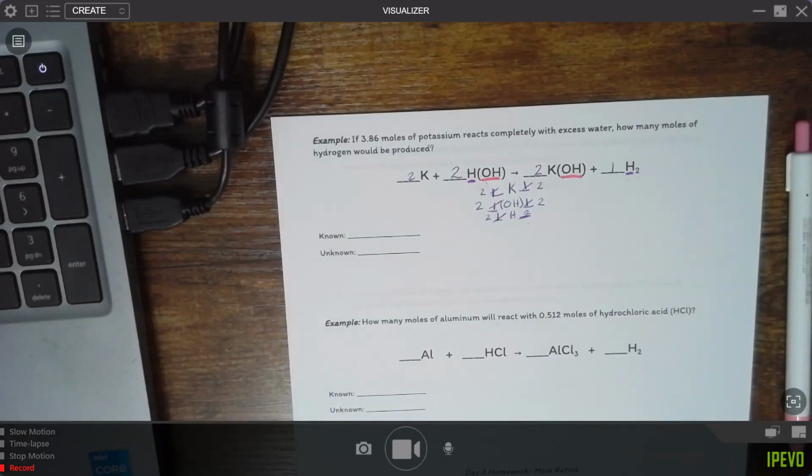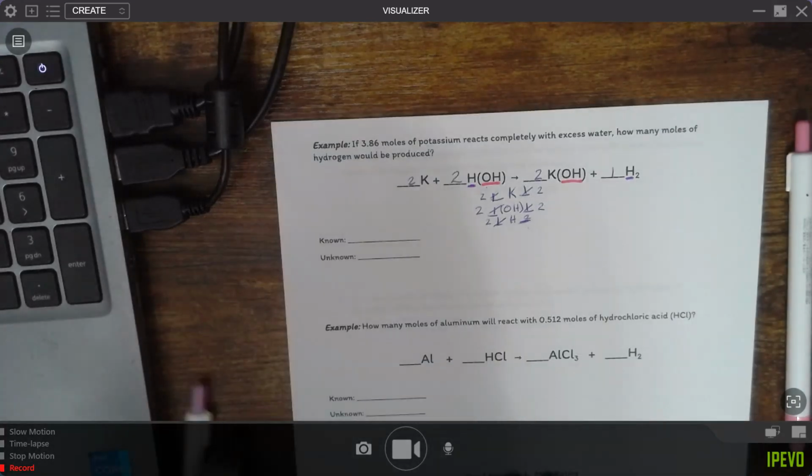All right, so here's what we are going to do. If you read this problem, if 3.86 moles of potassium reacts completely with water, how many moles of hydrogen would be produced? Okay, so we're going to spell out our known and our unknown.